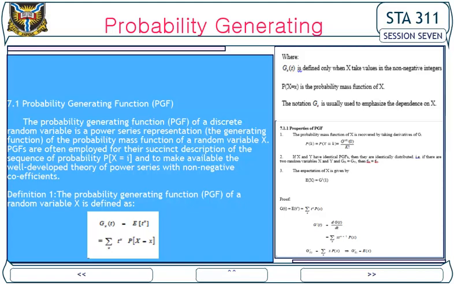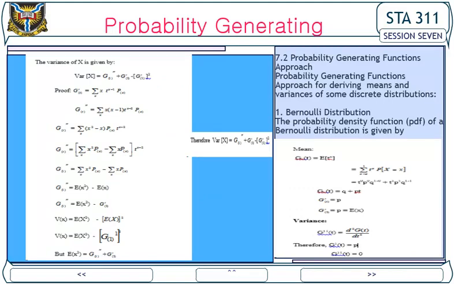The expectation of X is given by E(X) = G'(1). Proof. Study the proof below. The variance of X is given by, therefore, variance of X.